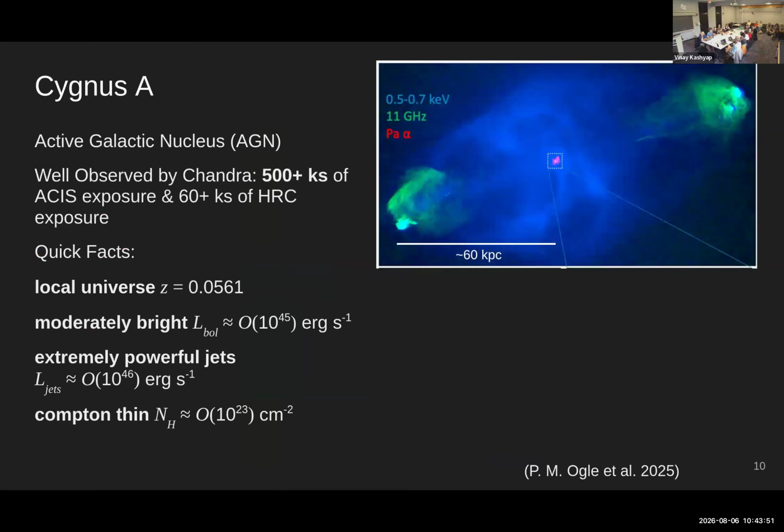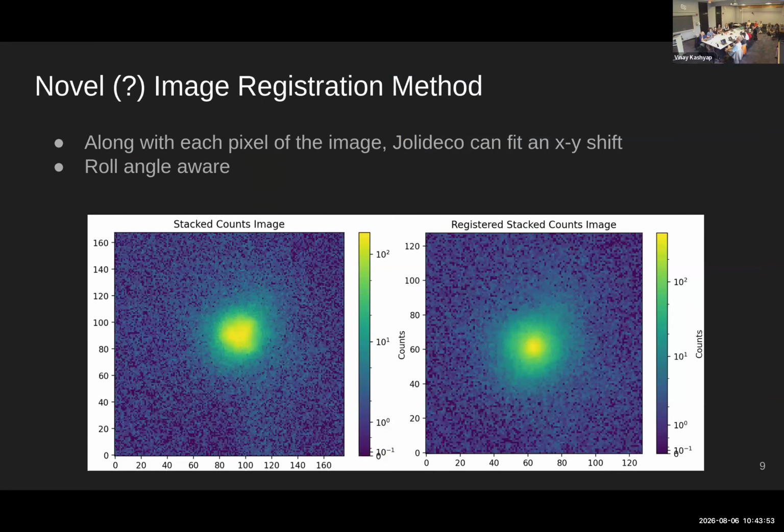I wanted to share something really cool that we sort of discovered on the way. It turns out Jolly Deco is very good at registering X-ray observations. We have 18 ACES observations. Typically for image registration, you would either take the centroid of the emission, or the highest counts pixel, and use that to register your images.